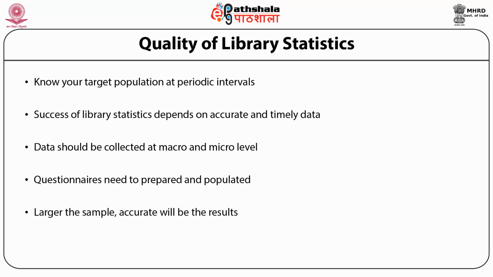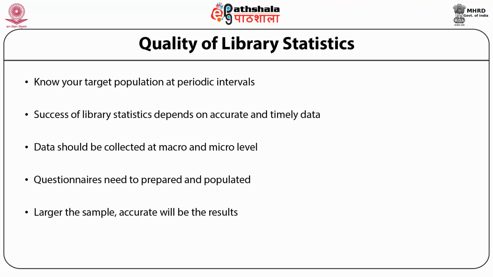Larger the sample, more accurate will be your results. Now, I have told you about the population. Sample, which we also call strata in statistical terms, means that only a portion of that population will actually be studied. Maybe you have a total of 30 faculty members and maybe 500 students.